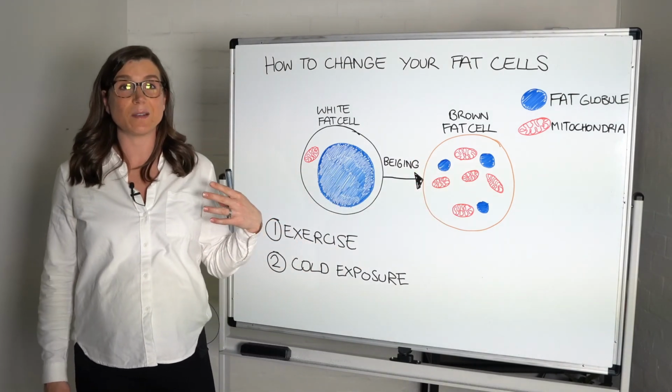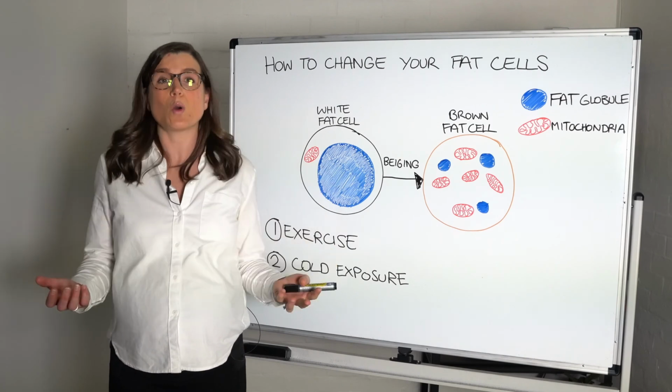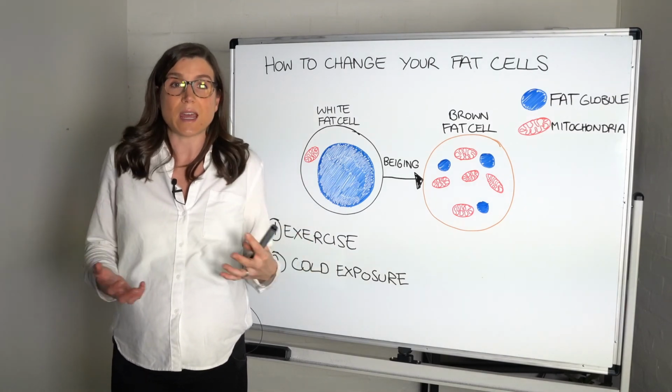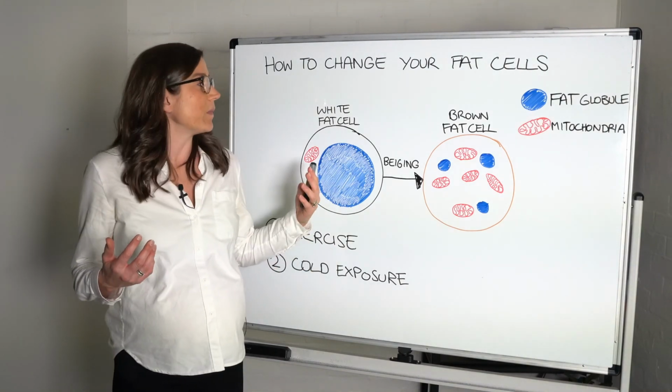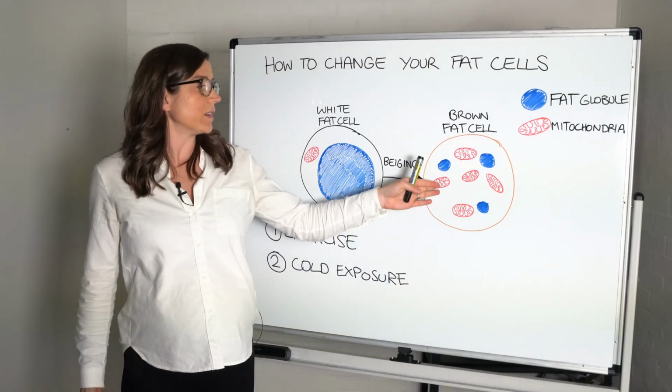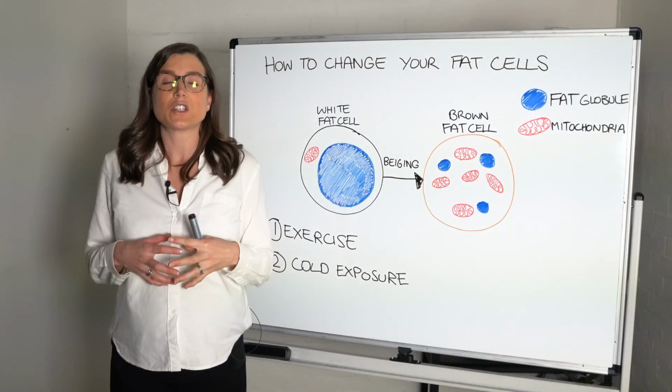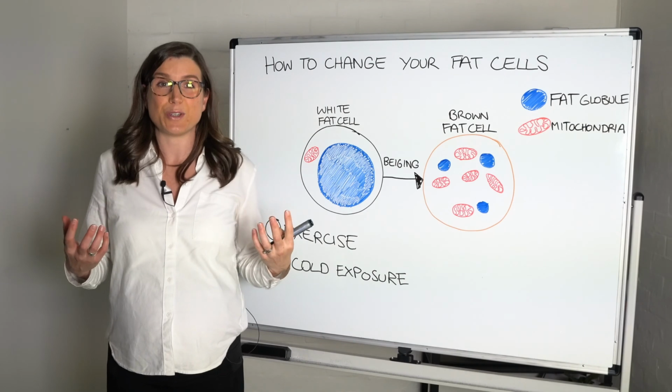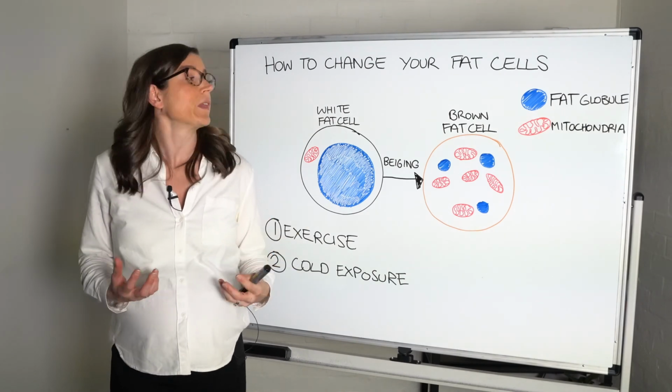And that is important because if it's cold, your body needs to try and stay warm. So by having more of these brown fat cells, the mitochondria are burning energy to create heat, and that heat keeps you warm and insulated.